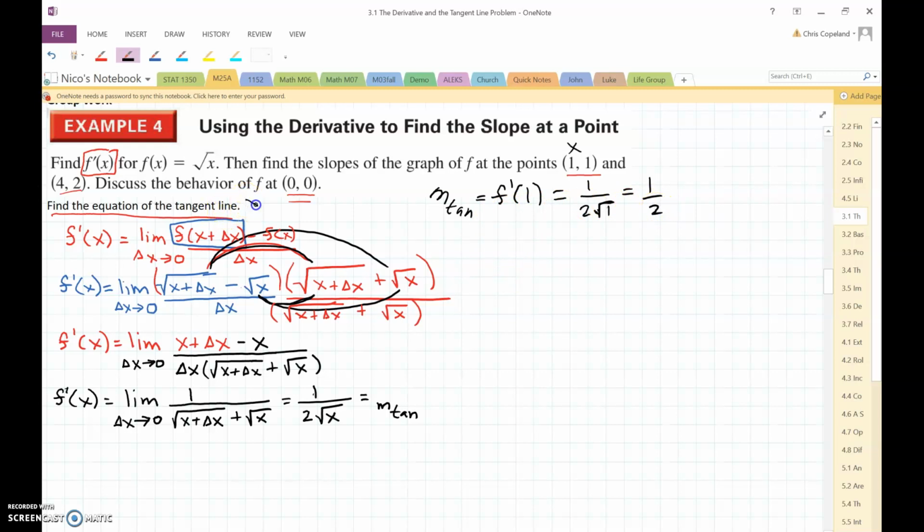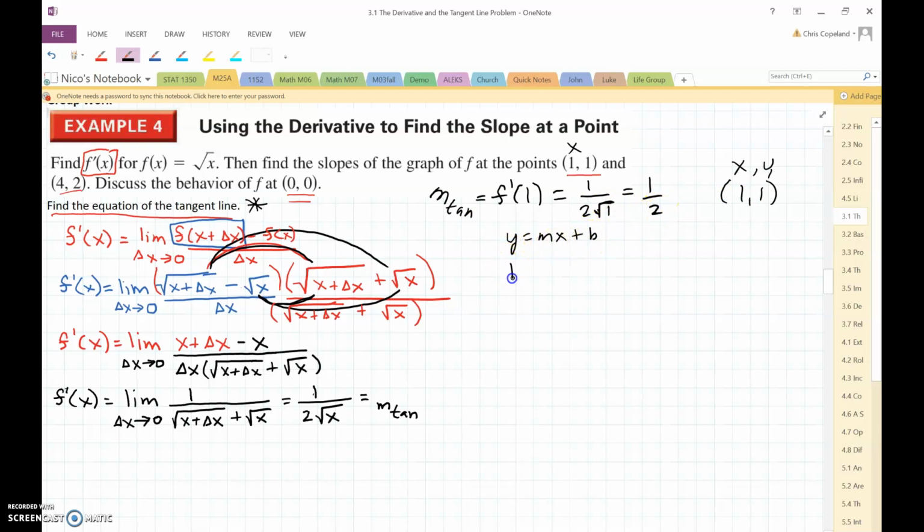Now we also want to find the equation of the line at that particular point. The point is 1, 1, which is x, y. This is just m, that's the slope. So if we use y equals mx plus b, we can come up with the equation of the line that goes through this point when the slope is 1/2. In other words, we're going to find the y-intercept.